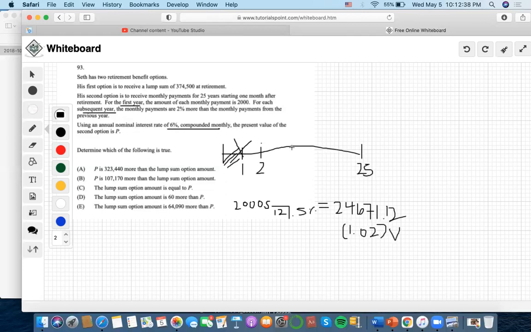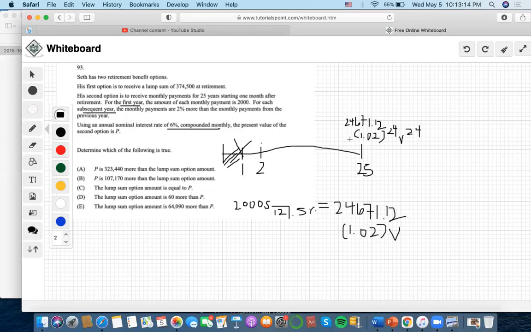Now, this is going to go on the same way until it reaches 25, when it's again building off from the accumulation times the growth rate of 1.02. It's always one less than the time that it's occurring at. So it's going to be to the 24th power, v to the 24. Yeah.